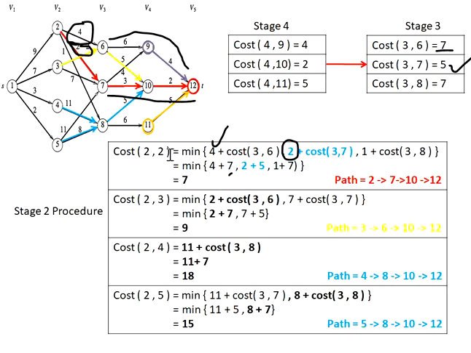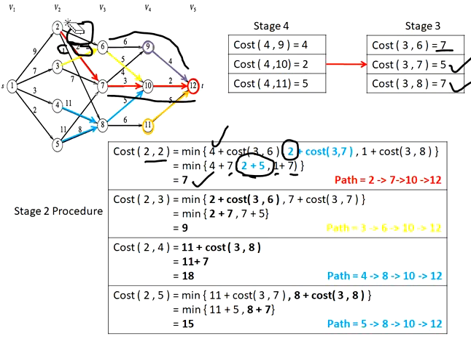Next, 2 to 8 is 1, so we represented it as 1, plus the cost from 8 to the destination, which is 7. So amongst 4 plus 7 is 11, 2 plus 5 is 7, 1 plus 7 is 8, we get the cheapest route as 7, so we represented this as 7.